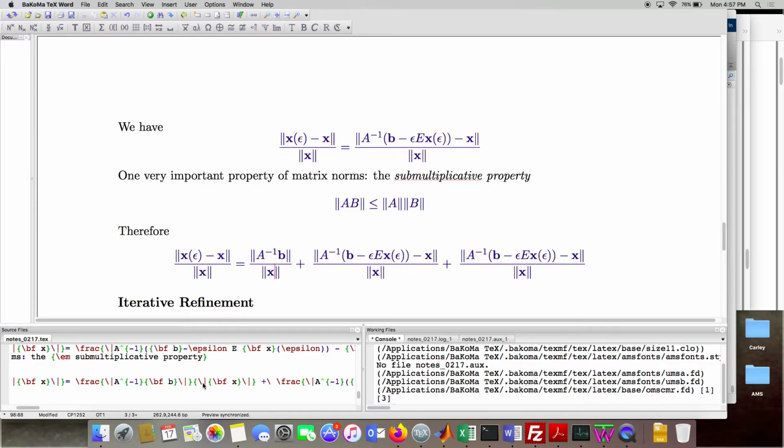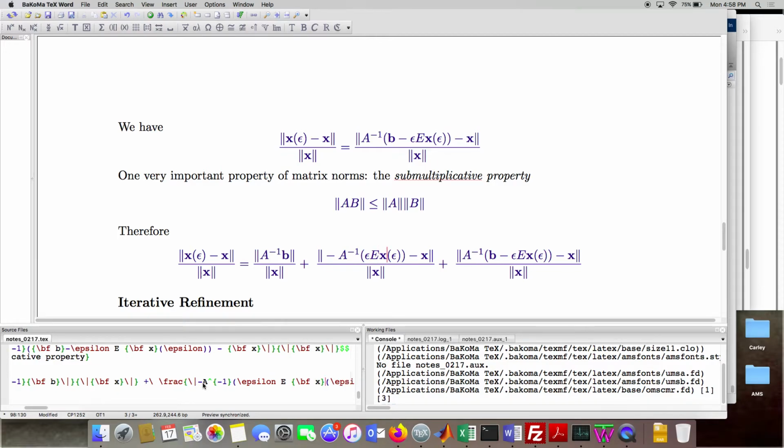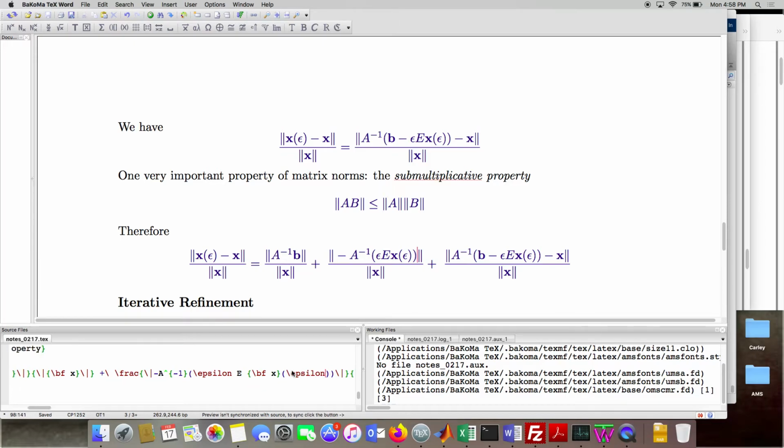Then here I will not have the A inverse B. Hold on.